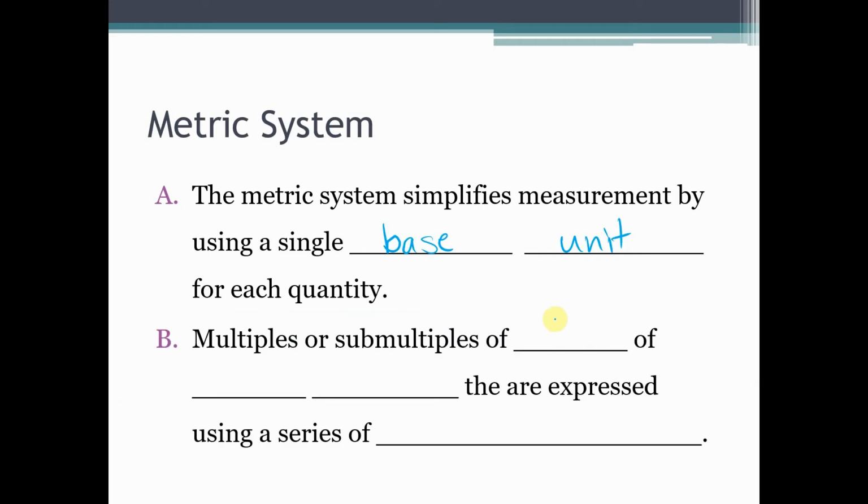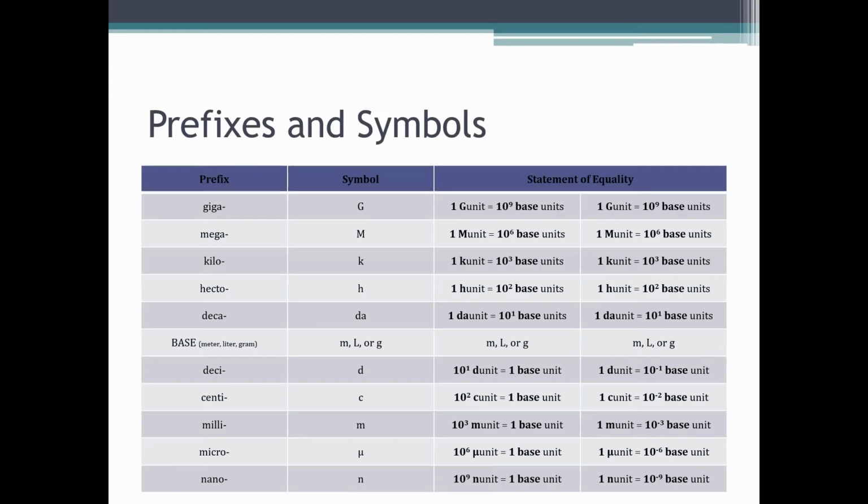Multiples or submultiples of 10 of your base units are expressed using a series of prefixes. They look like this. All right, so we've got all of our base units right here in the middle. It could be a meter, a liter, or a gram. Above that, these are for very large things.